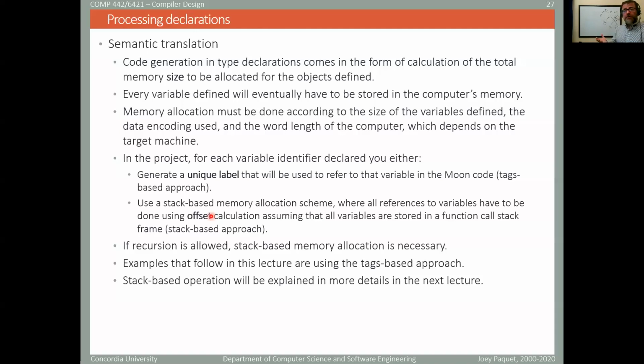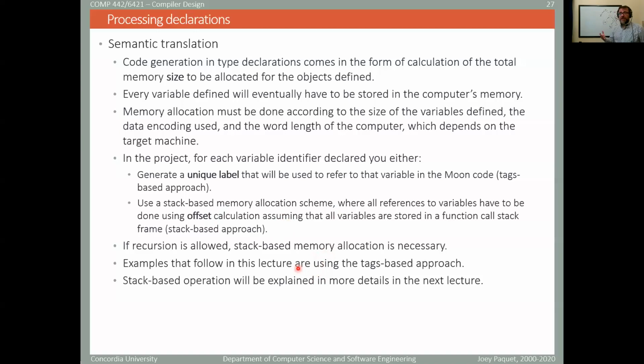If you don't want to do offsets, there's going to be some grading elements that are related to whether or not you can compute offsets and execute using an offset method, but there's also going to be some partial marks if you're doing label mode of execution.